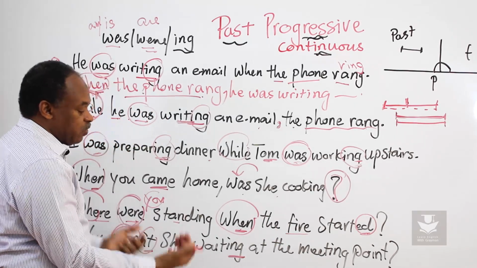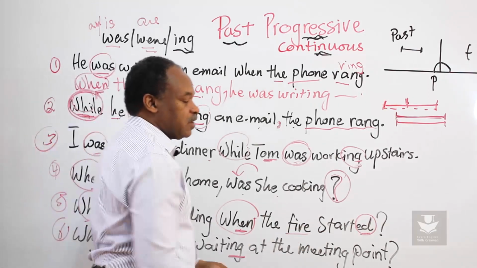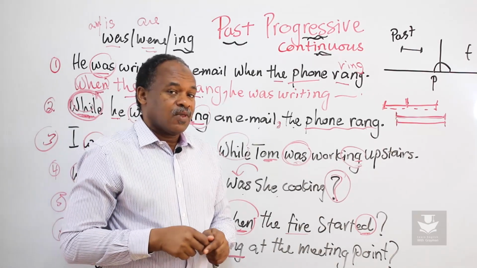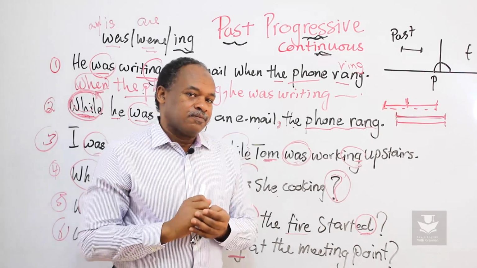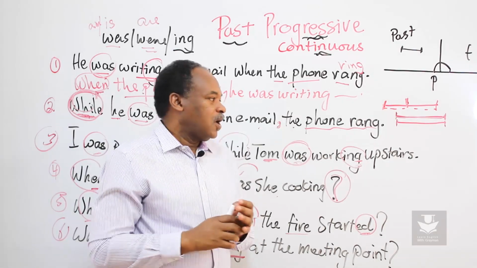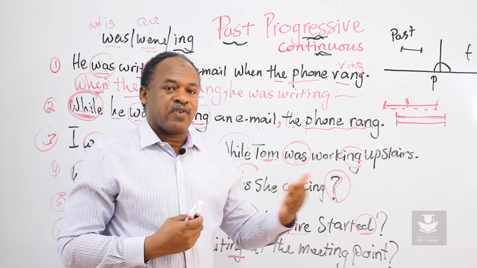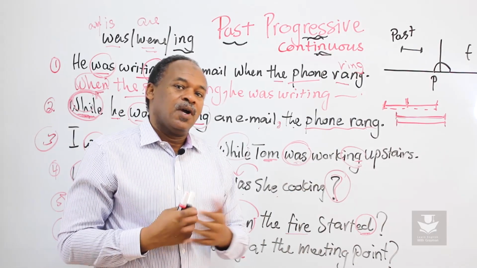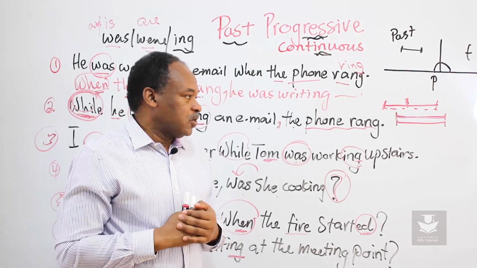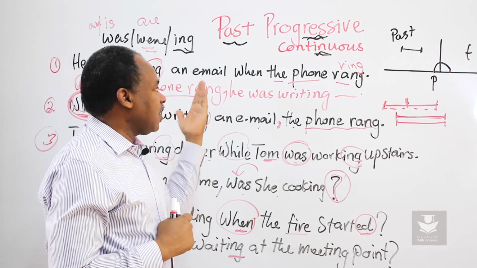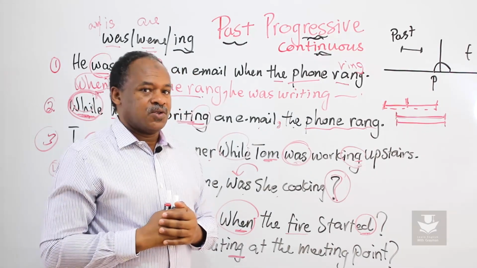Why wasn't she waiting at the meeting point? So is that clear? I hope so. If you have any questions, you can write your comments, write your questions. I will be able to respond to your questions. But this is all about past continuous.